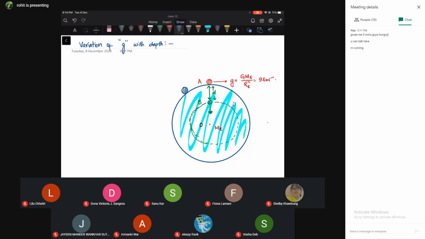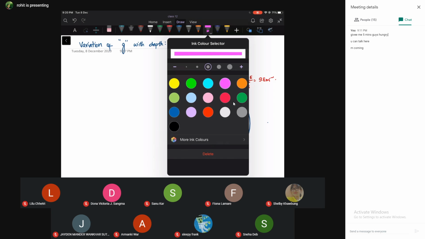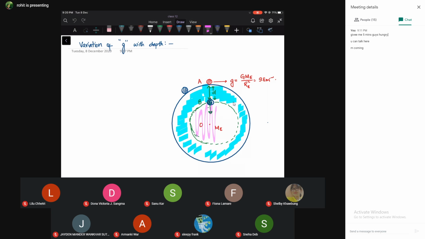If you're present on the surface, the whole mass of the earth is going to pull you to the center. But if you are here, what is going to happen? You have already left this much amount of mass behind, and that much mass is not going to pull you towards the center. The mass that's going to pull you towards the center will be the mass of this portion here.